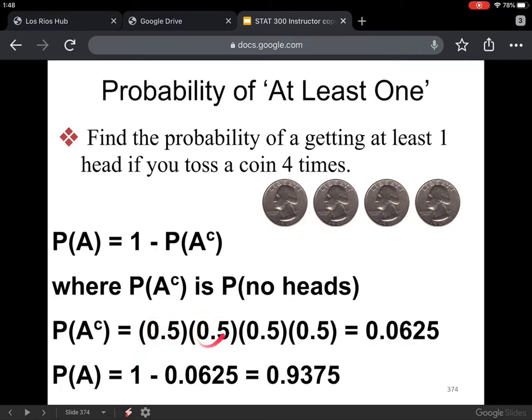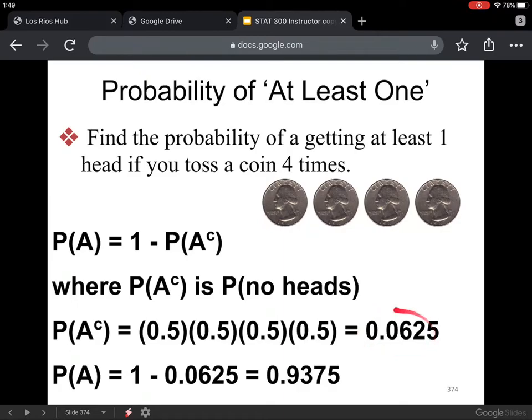What's the probability of the second flip ending up a tail? 50%. Same thing for the third and same thing for the fourth. These are independent trials if you think about it, right? So I multiply 1 half by itself 4 times, you get 0.0625. And that is the probability of getting no heads.